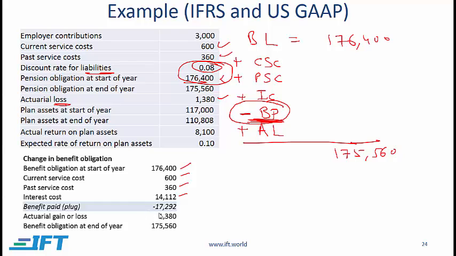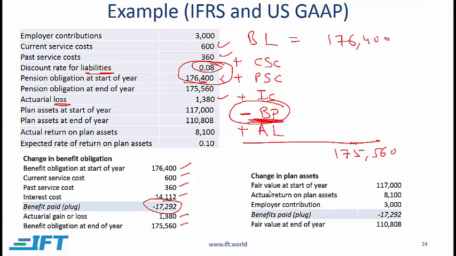The benefit paid is a plug because all other numbers are known. Now this is shown as a negative, which means that the benefit paid actually reduces the liability. So when you solve for this number, you get minus 17292.